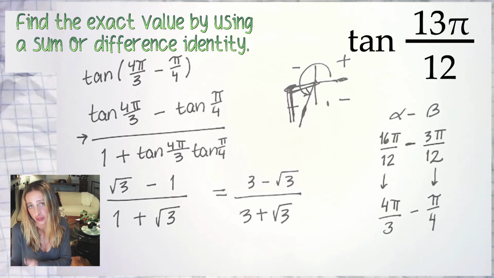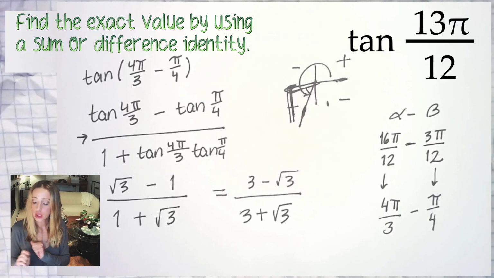And here is a different type of scenario why rationalizing our denominators is important. We can have two very simplified answers, aside from being not rationalized, that don't look alike. They don't look the same. And it's almost unbelievable to think that they are the same.